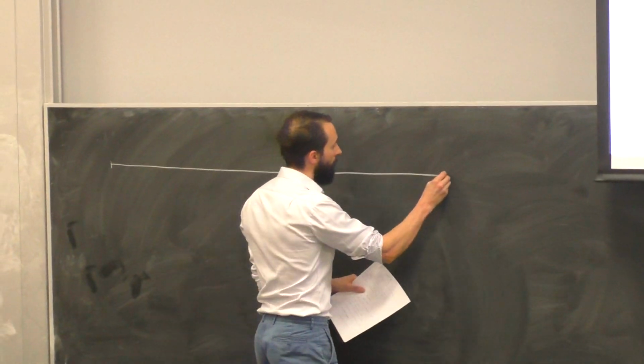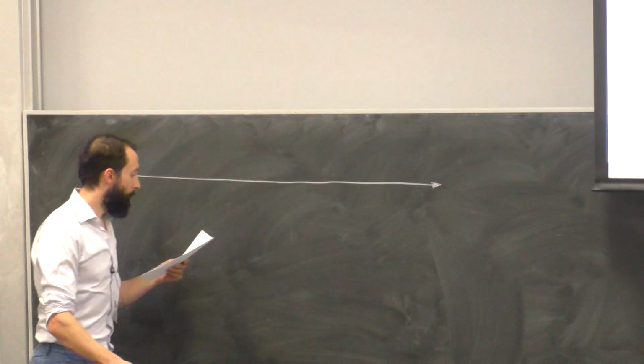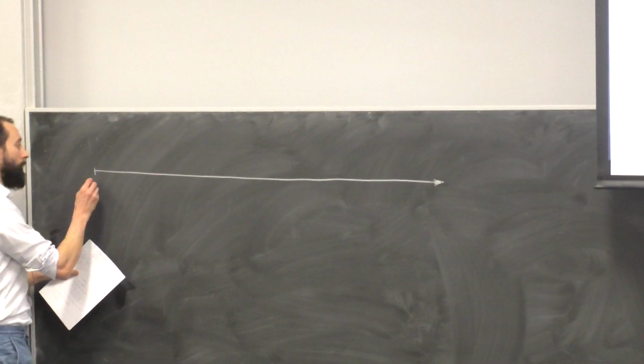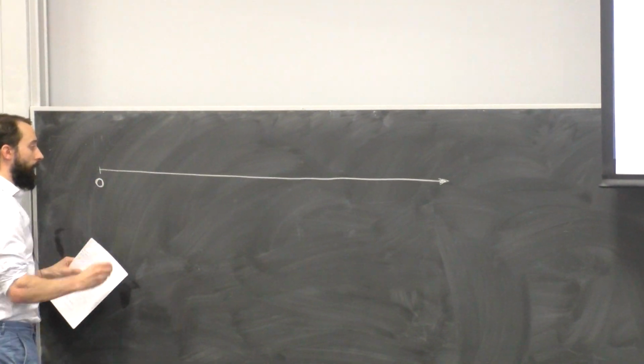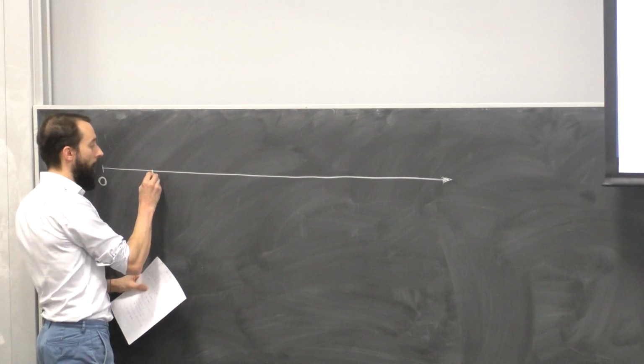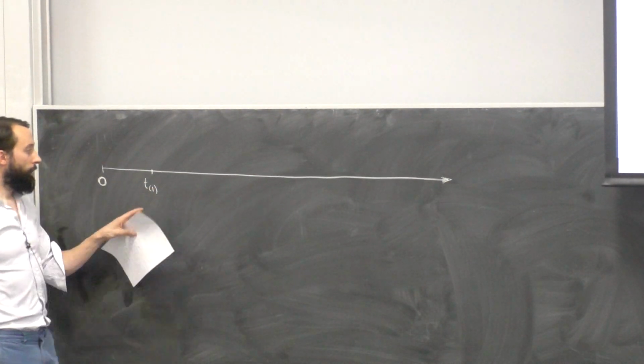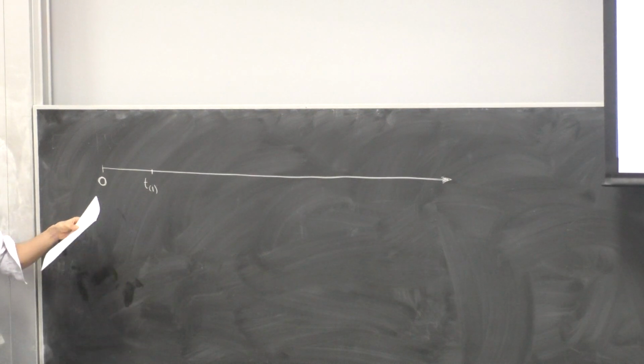So if I think about what's happened in my trial, everybody's come in at time 0, and then I've got some failure times that I've ordered. The first time anybody failed was T1.